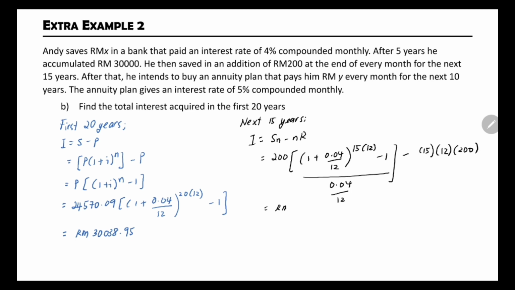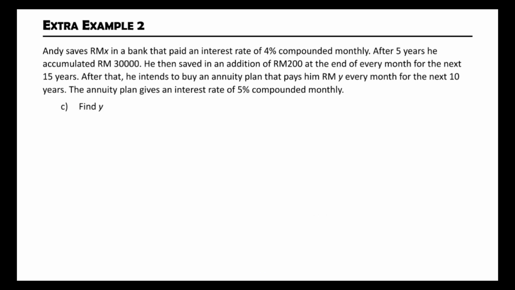This gives us interest of RM 13,218.10. So total interest is the first I plus the second I, 30,038.95 plus 13,218.10 equal to RM 43,257.05.